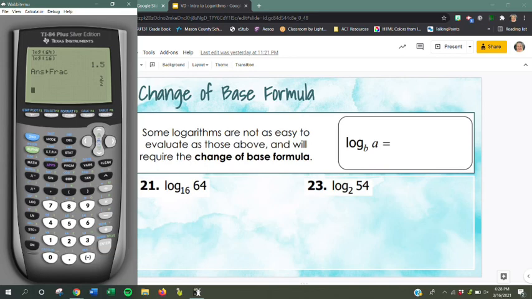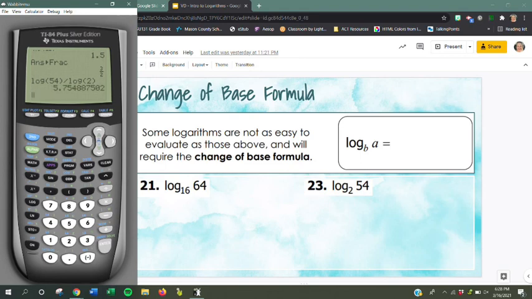Then for number 23, we are going to have log of 54 divided by log of 2. So I'm going to show you a different way to do this if your calculator does not do the alpha y equals enter trick. You can just type in log 54 end parentheses divided by log 2 end parentheses.